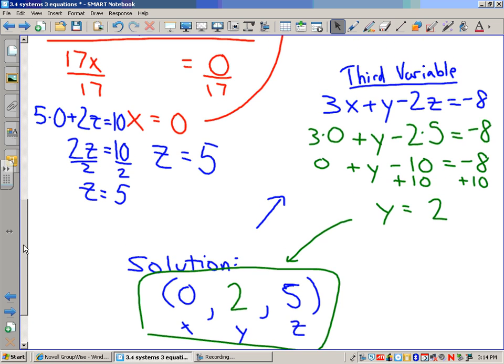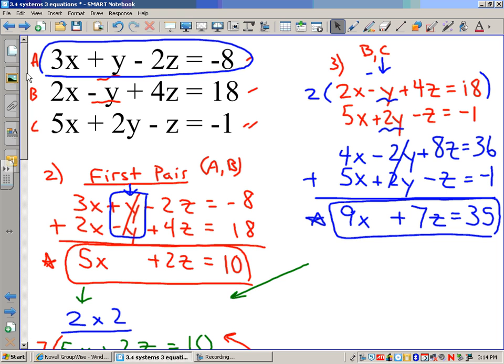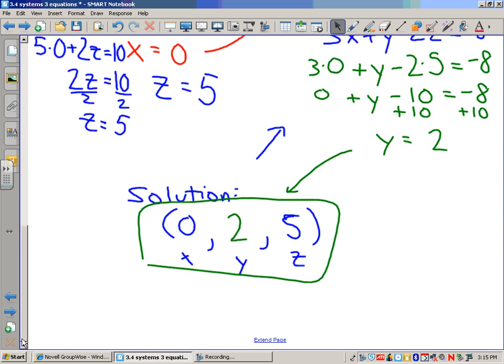The check would be you take 0, 2, 5 and it should work in A, B, and C. So if I plugged in a 0 here, a 2 there, and a 5 there, I should get -1. If I plugged in 0 there, a 2 there, and a 5 there, I should get 18, etc. So you can see it is lengthy.